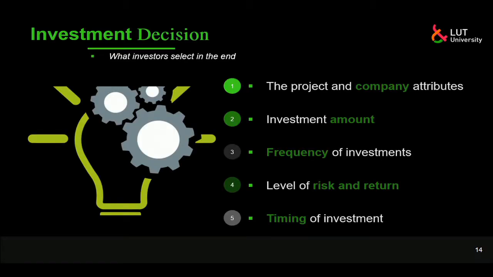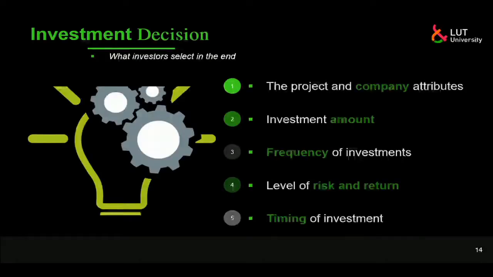It's not necessary that all investors make homogeneous decisions. Every investor makes their own decision, and we are going to link different investor groups to different decisions so as to create a recommender system out of that.